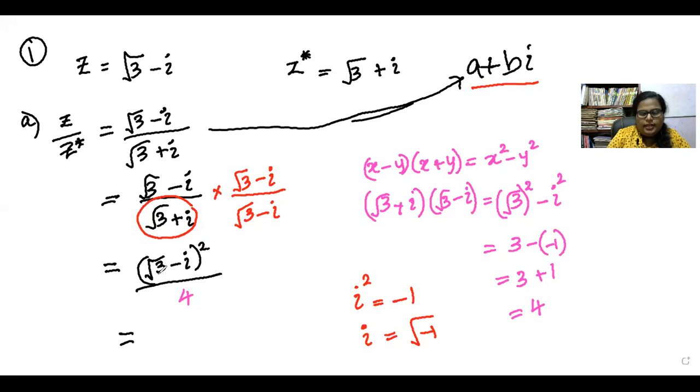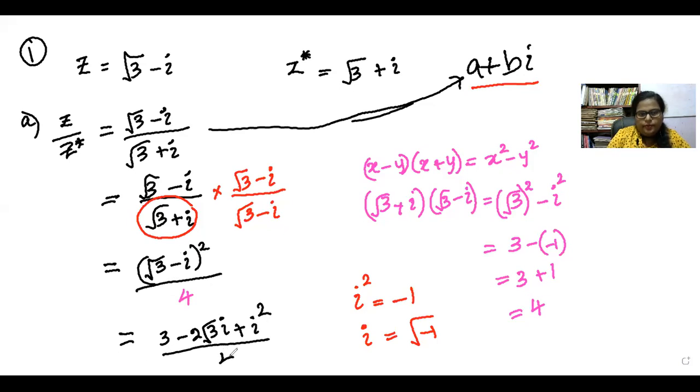So in the next step, I'm going to expand this binomial. So you can see there is a square term of this binomial. So the first thing you have to do is take the square of this first term. So it is 3. And twice the multiplication of these two terms, so we can take this as 2 square root 3 i, and plus i squared, right?